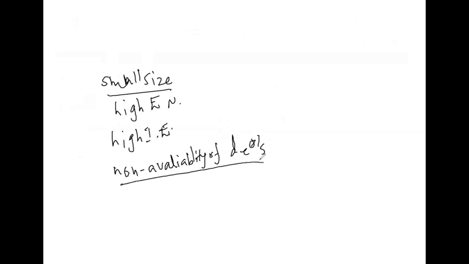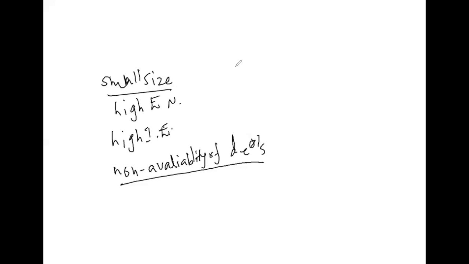Any reason for that? The first reason is small size, the second one is high electronegativity, the third reason is high ionization enthalpy, and the other reason is the non-availability of d orbitals. For every group, two points are common: small size, and non-availability of d orbitals or d electrons.